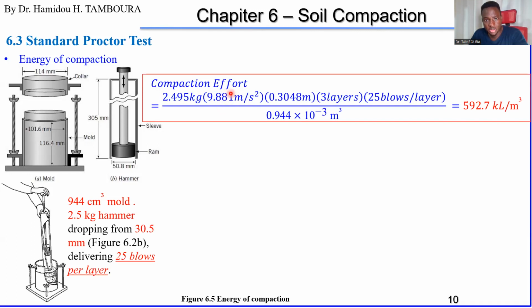Maybe you can delete the extra digit, just 9.81. We'll fix that later. Some people will take 10, but 10 is not the right value actually. And you multiply this by this height, because the true height is actually 304.8 millimeter.